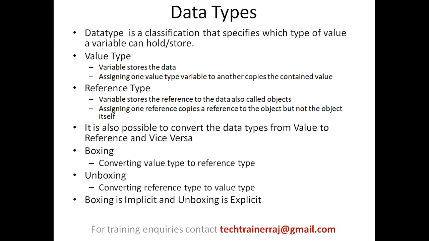In value type, the variable stores the data, and in reference type, the variable stores the reference of the data, which are also called objects. Under value type, assigning one value type variable to another copies the contained value, but in reference type, assigning one reference copies a reference to the object but not the object itself.